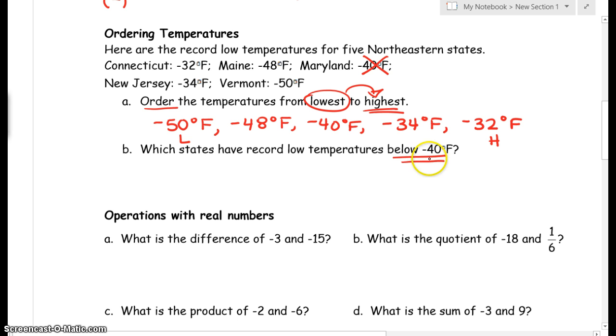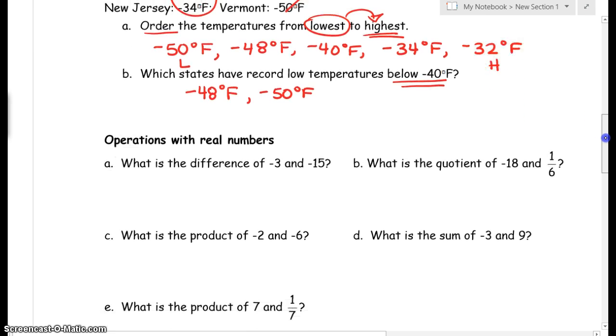It does say below, so we need to go further away from 0. So negative 48 degrees would definitely be away from 0. And negative 50 would be even further out from 0. So those two are the only ones. These are actually higher than negative 40 degrees, not below. So keep that in mind.